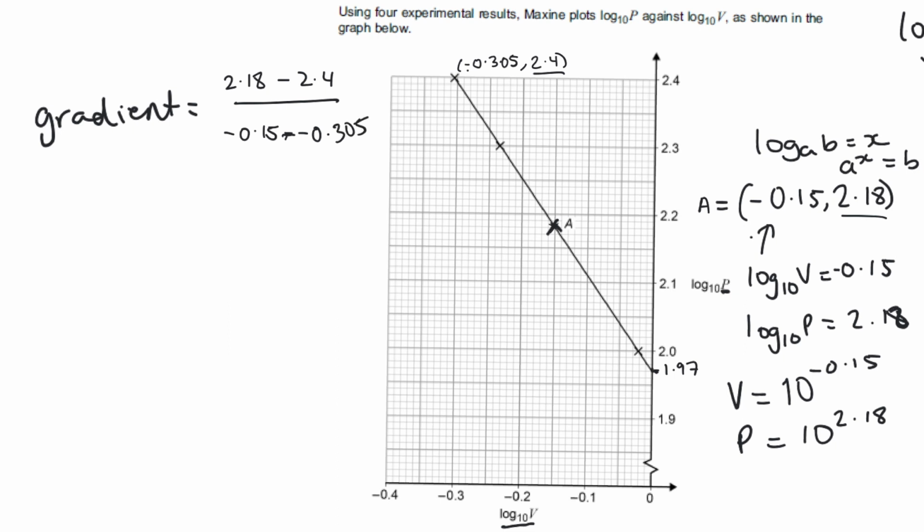So remember, if you've got two minuses together, it becomes a plus. And this is where sometimes some people can accidentally make mistakes. Okay, so working that out in your calculator would give you an answer of, to three significant figures, minus 1.41. So then that is what we're going to write as our value for d.